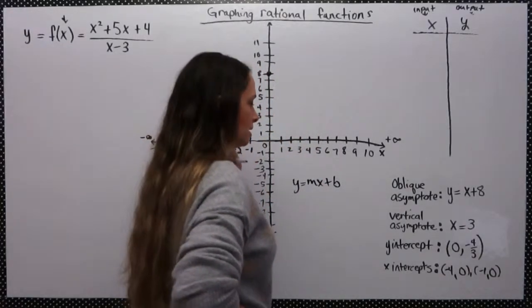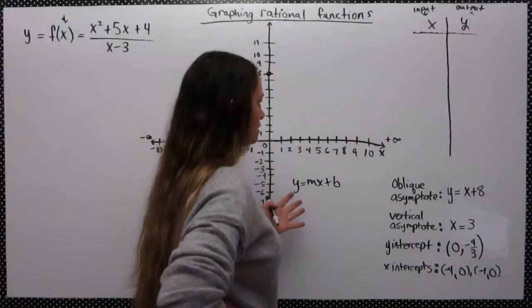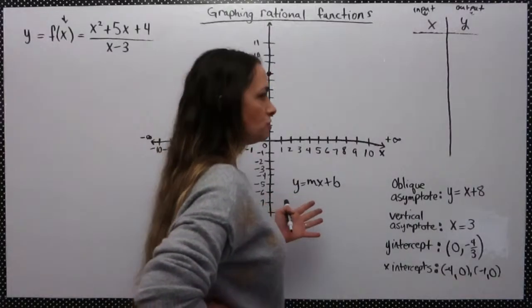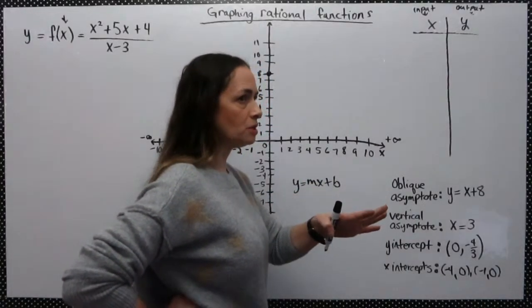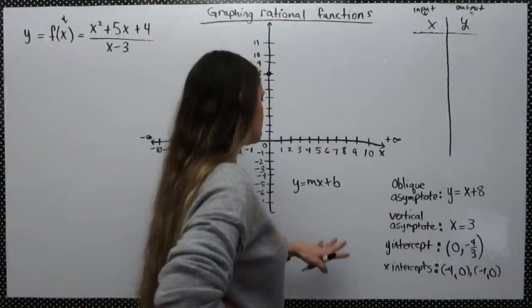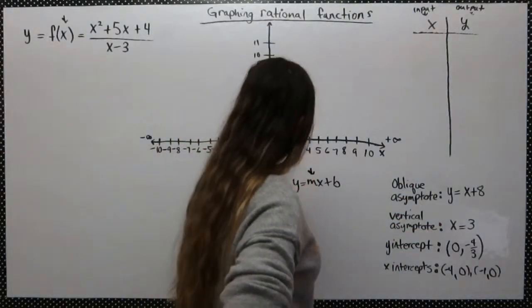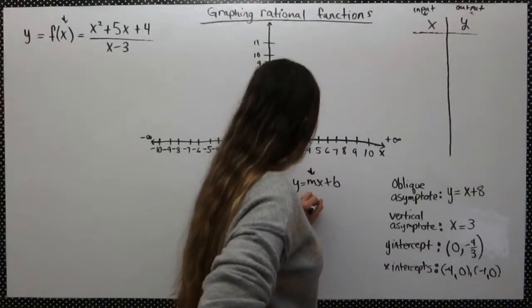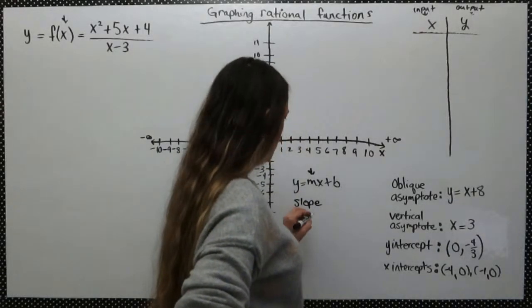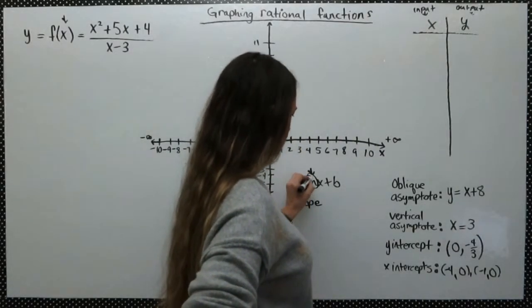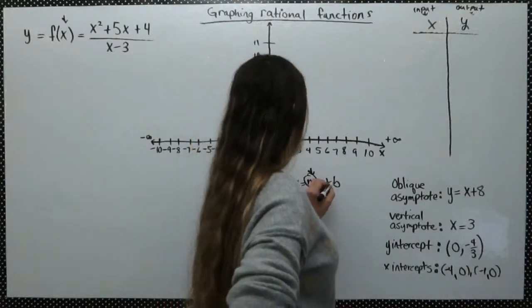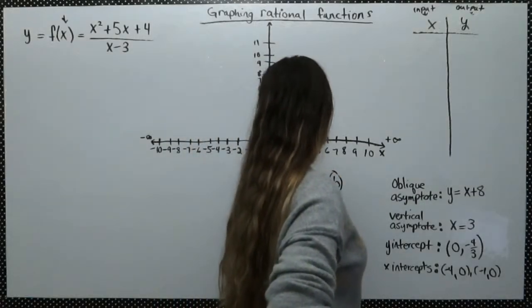Forms are just like anything, like you would go and apply for a job online, you'd have to put your information into a form. And this is very similar. So m is your slope, and it's always the coefficient of your variable x. And then b is your y-intercept.